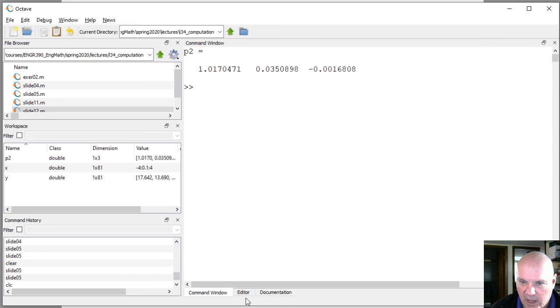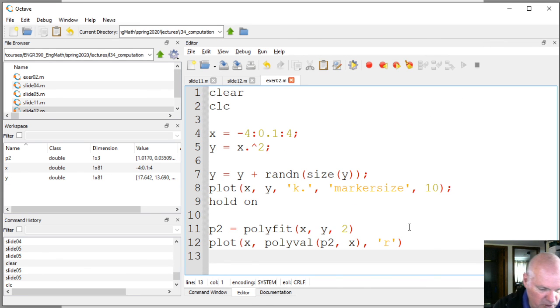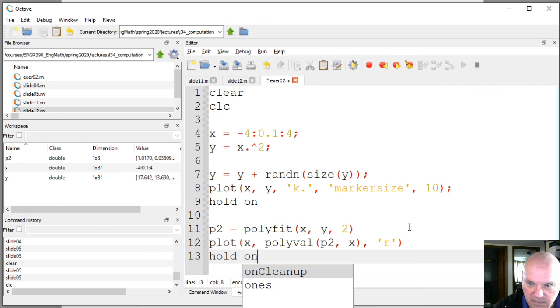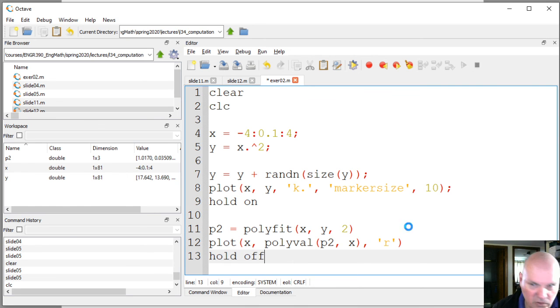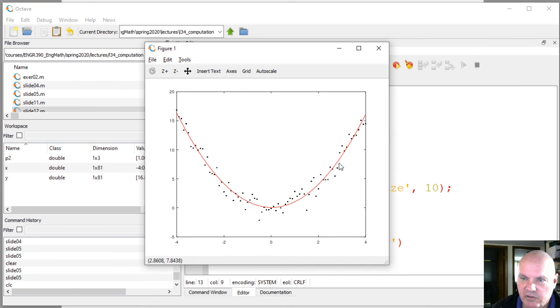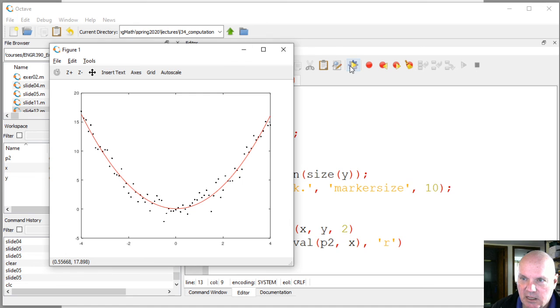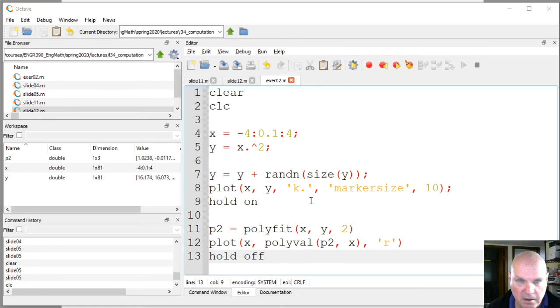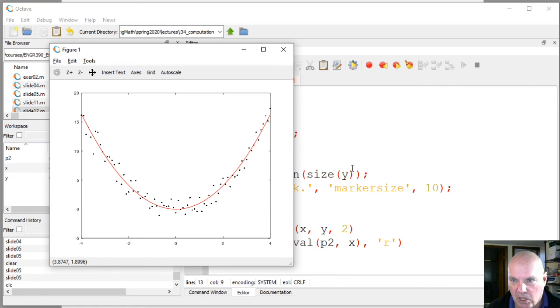So the way around that is just to put hold off at the end to ensure that doesn't happen. So again, every time I run this now, I'll get a slightly different plot because of the random data. The points will change slightly.